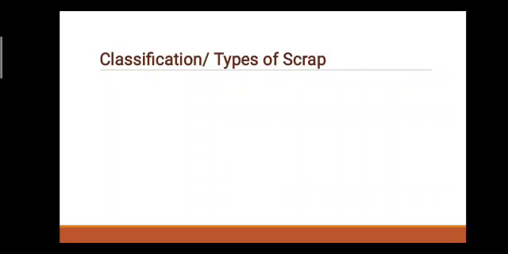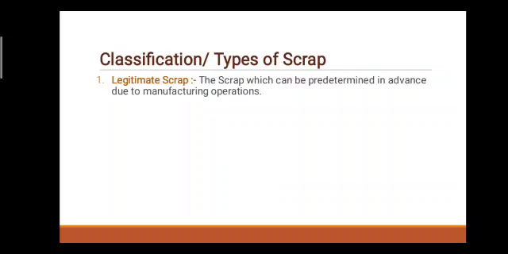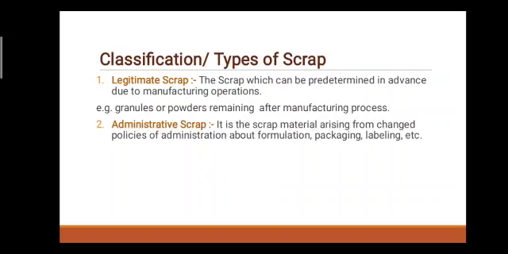Next point, classification or types of scrap. First, legitimate scraps. The scraps which can be predetermined in advance due to manufacturing operations. For example, granules or powders remaining after manufacturing process. Second, administrative scrap.